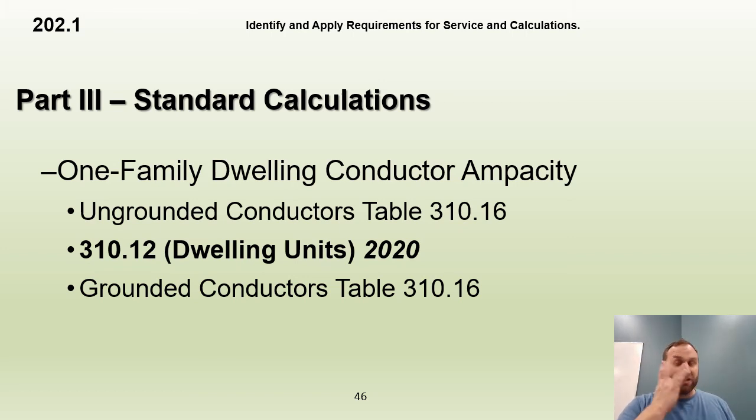We know what voltage is. Voltage in a house, 9 times out of 10, unless it's a multifamily dwelling, typically it's going to be 120/240 single phase. So 240 is our voltage. 240 is the E. Our total VA that we've calculated together is our P. We take P divided by E to figure out our I, and that is the calculated load of our service.